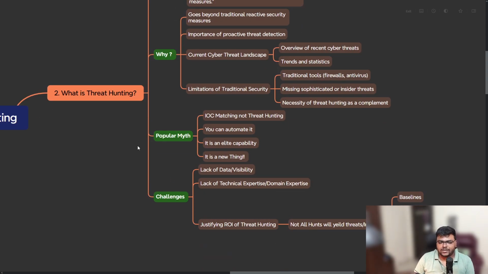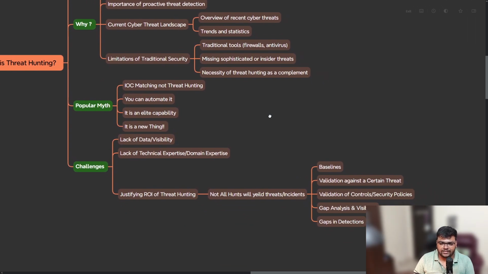But why is it so difficult, right? Given that all you have to do is basically understand what a hypothesis is, devise one, and go and test it, what are the challenges? The challenges actually lie in terms of expertise, right?